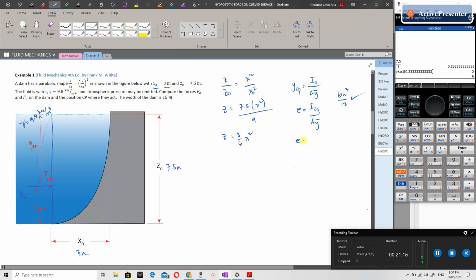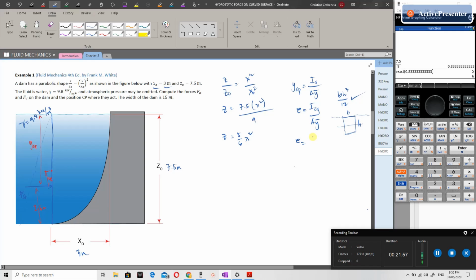Solving for distance E, just to check our distance. This is the rectangular vertical projection of the gate. The axis of the moment of inertia should be parallel to the liquid surface, not like this one. So this will be B, and this will be H.